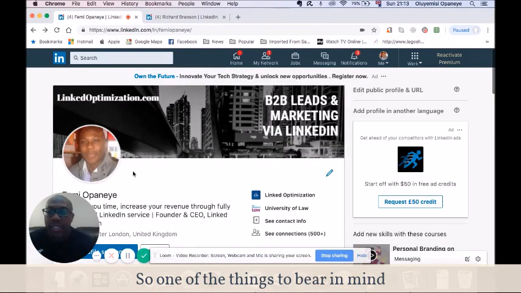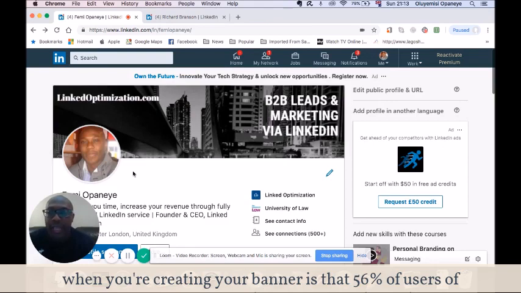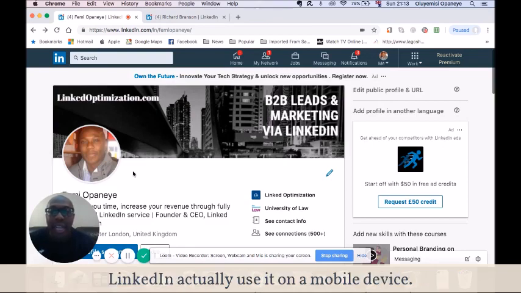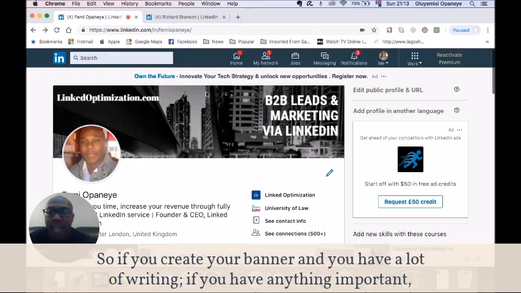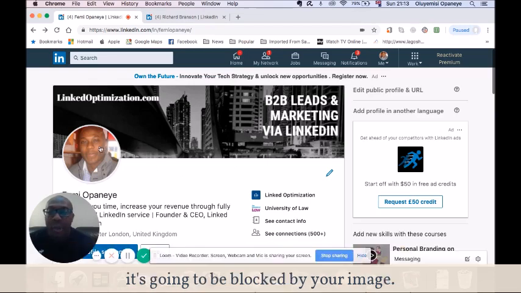So one of the things to bear in mind when you're creating your banner is that 56% of users of LinkedIn actually use it on a mobile device. And on the mobile device, the photo doesn't appear here on the left. It actually appears here in the middle. So if you create your banner and you have a lot of writing, if you have anything important, it's going to be blocked by your image.